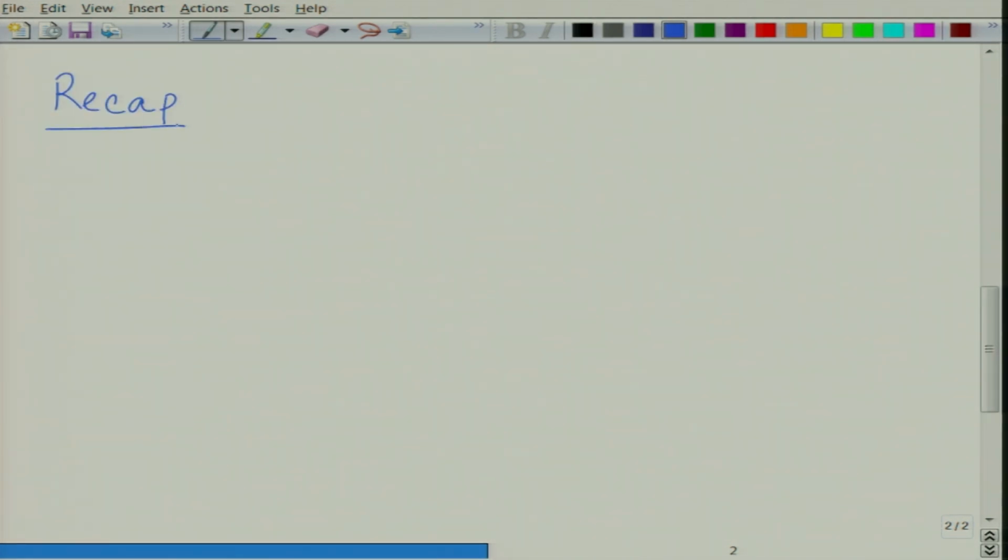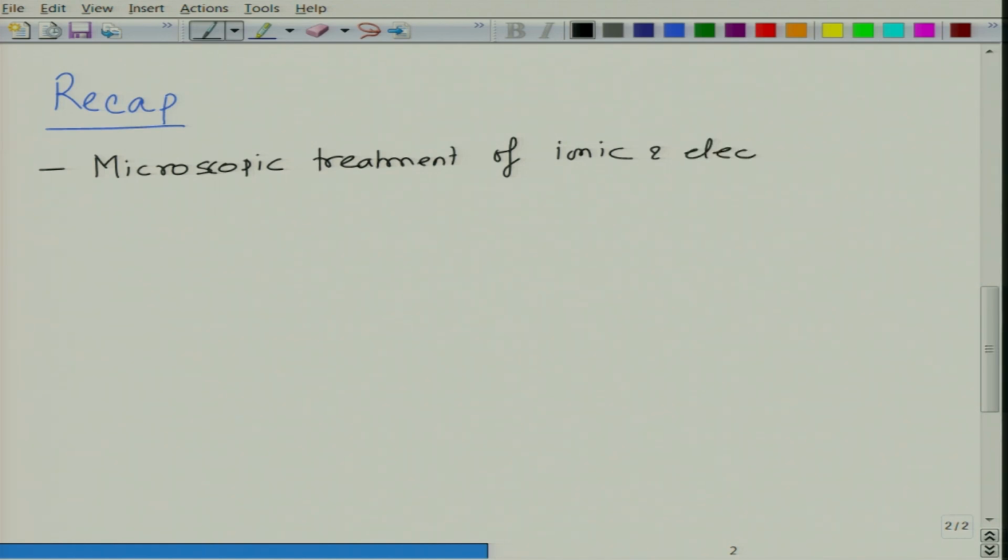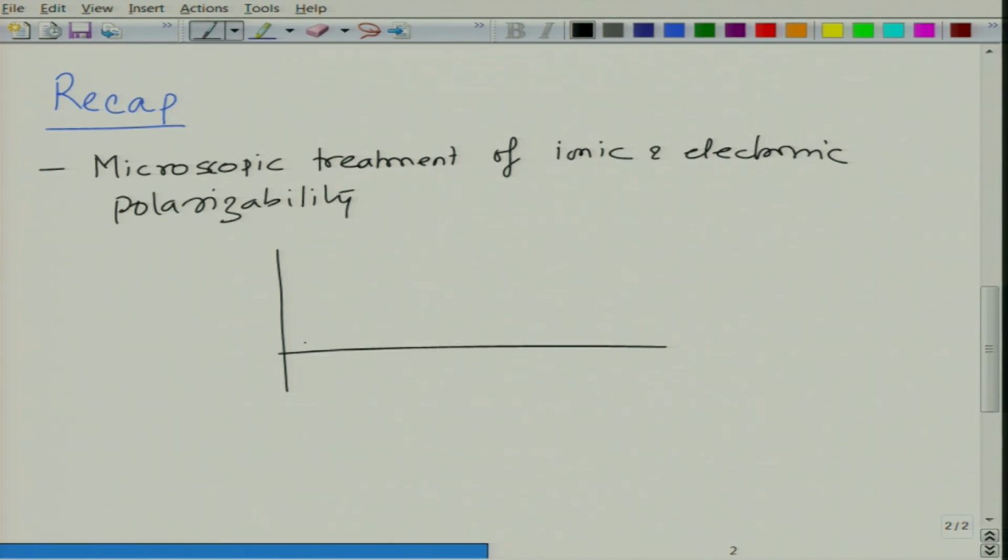In the previous lecture we talked about the microscopic details of the treatment of ionic and electronic polarizability, in which we saw that when you estimate the polarizability and plot the dielectric constant, it shows a sort of resonance at a frequency omega, and this is the difference that you create.